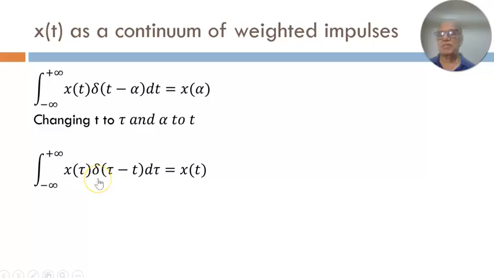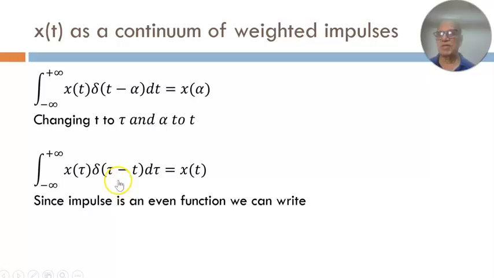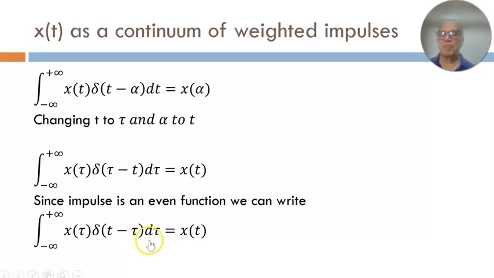Now since the unit impulse is an even function of time, even if I write this as tau minus t instead of tau plus t, I will still get the same result. So I can simply invert this and I'll still get this.